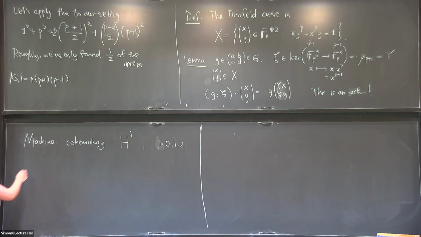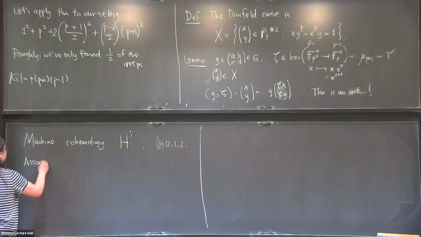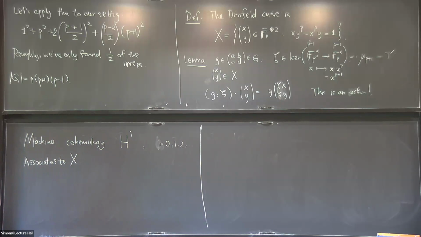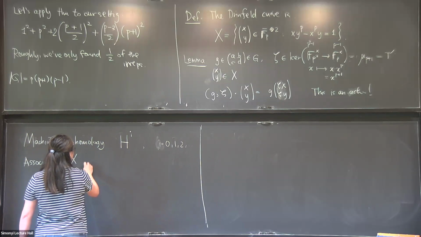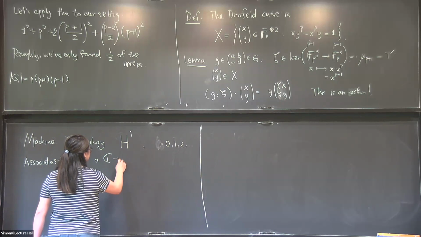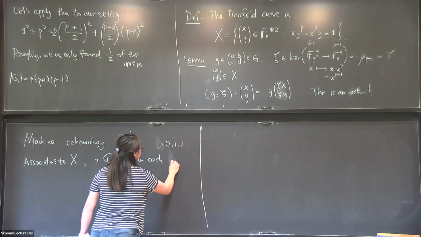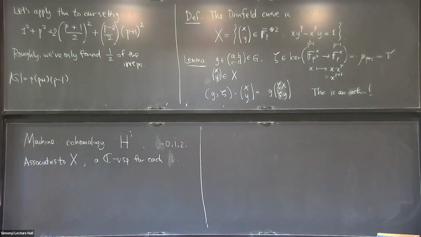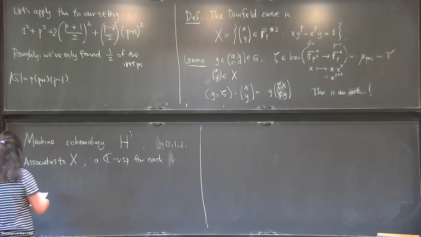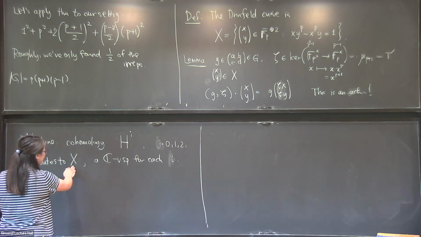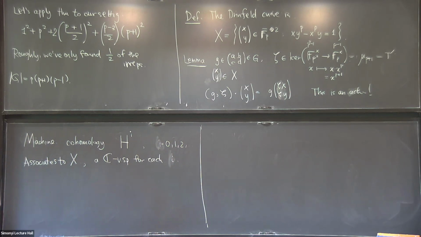What this does is it associates to objects like X a complex vector space for each i. As I said, most of the time this vector space is 0, but it has really nice behavior. This assignment from things like X to vector spaces is a really natural thing.